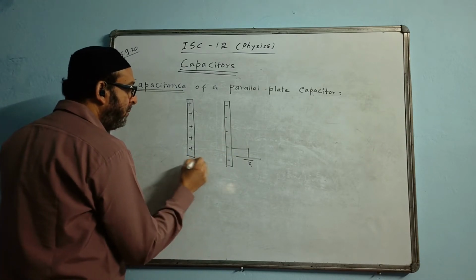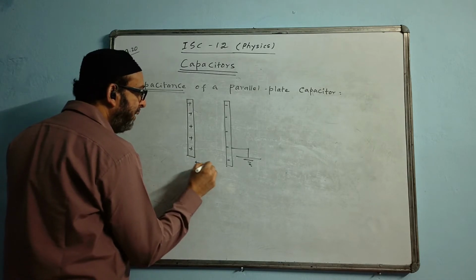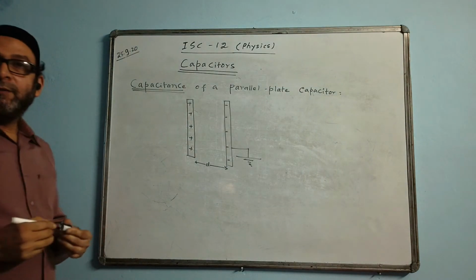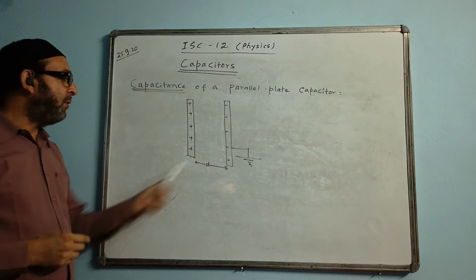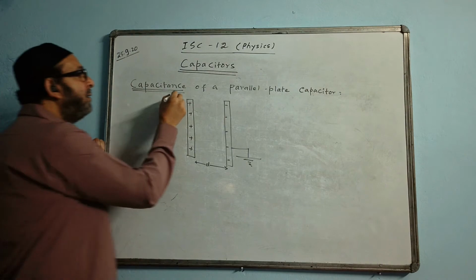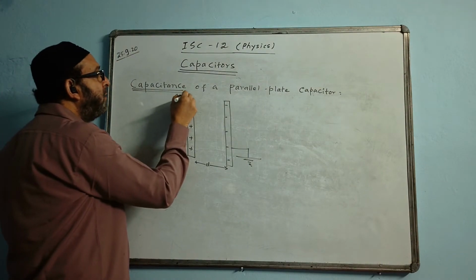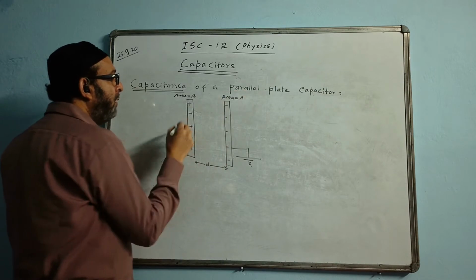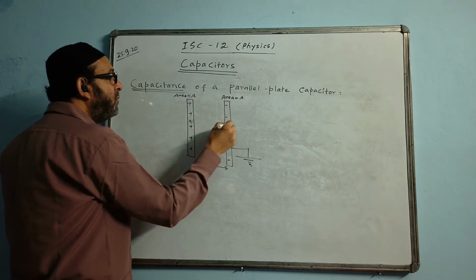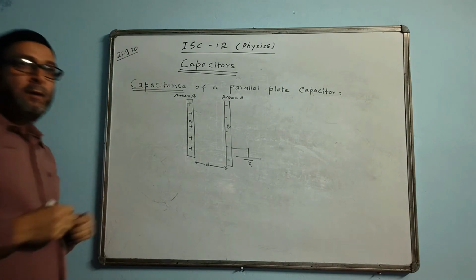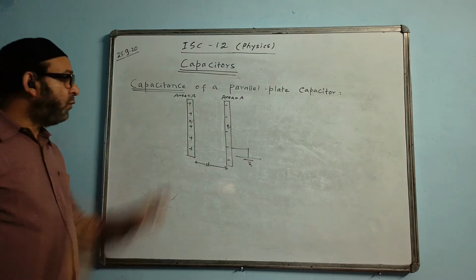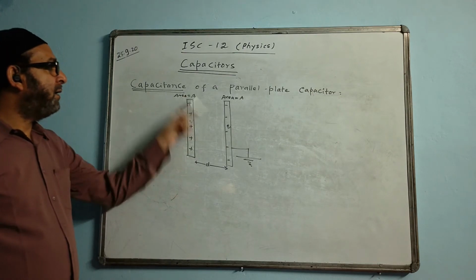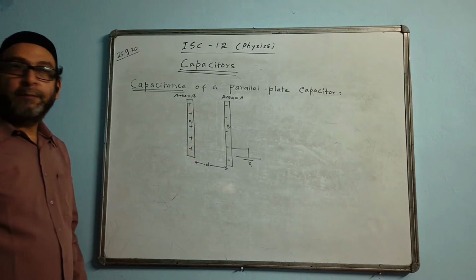The distance between the two plates will be taken as d, small d, and the area is equal to A. Here also we take area equal to A. And the amount of charge is Q. Here also it is Q. That means these two plates will have the same charge density. Sigma value will be the same. Q by A will be the same.